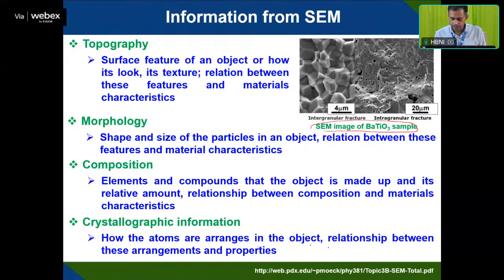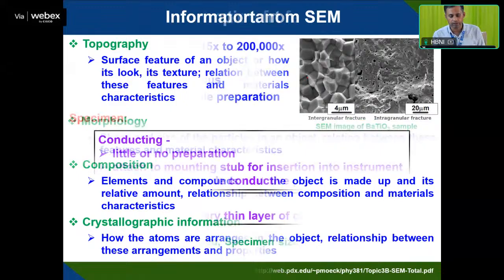If you go to high resolution FESEM, field emission SEM, it is possible to see the atomic arrangement. So topography, morphology, composition and crystallographic information can all be obtained using the scanning electron microscope.